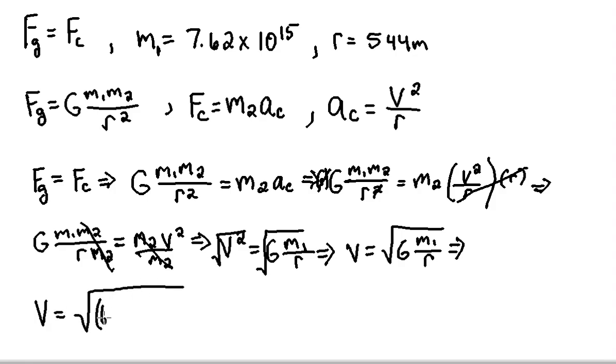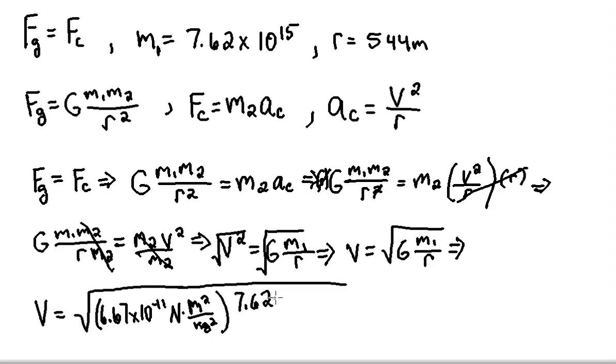So Newton's gravitational constant, 6.67 times 10 to the negative 11 newtons times meters squared divided by kilograms squared, times the mass of the object that's keeping it in orbit, 7.62 times 10 to the 15 kilograms, divided by 544 meters.